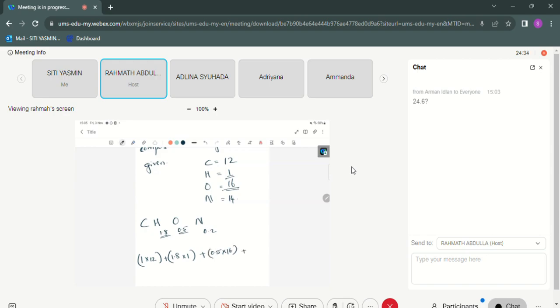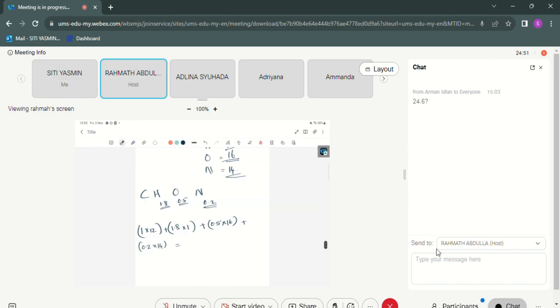Plus nitrogen is 0.2 times the molecular weight of nitrogen, which is 14, equals, how much did you get when you add all these? Yeah, correct, 24.6. So this is the dry cell weight. Why I call it dry cell weight is we don't take the water here, okay? Weight of water is neglected. So this is how you calculate the dry cell weight.